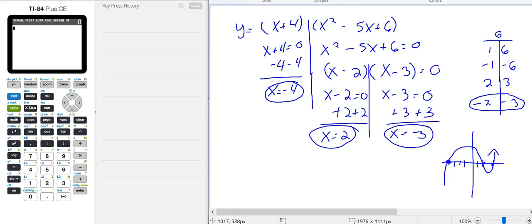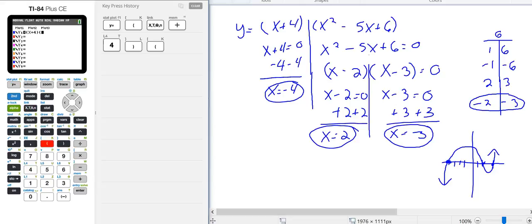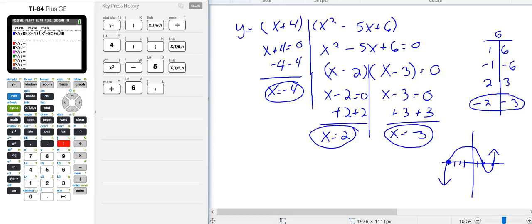Let's graph on the calculator to see. x plus 4 times x squared minus 5x plus 6. And then we'll graph it in Zoom Standard. Notice that this cubic function crosses the x-axis at x is equal to negative 4, at x is equal to positive 2, and at x is equal to positive 3. Those are the roots of the function.